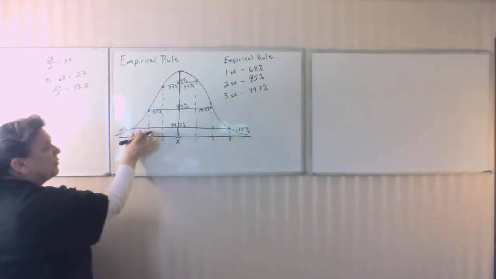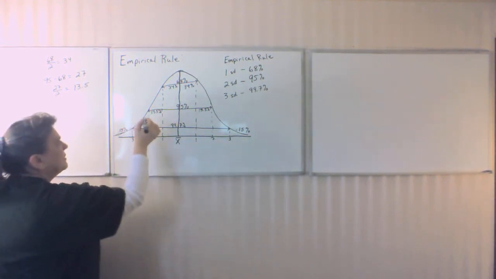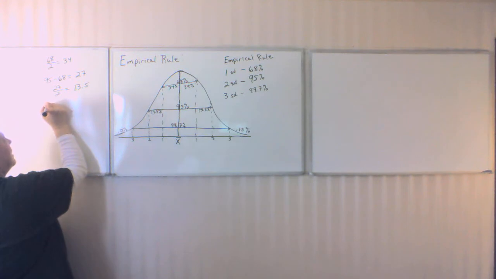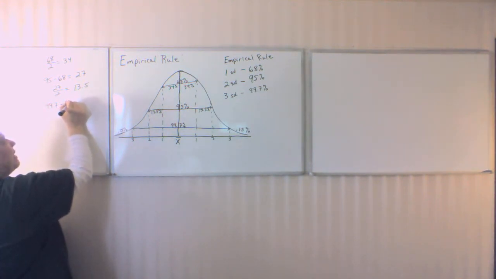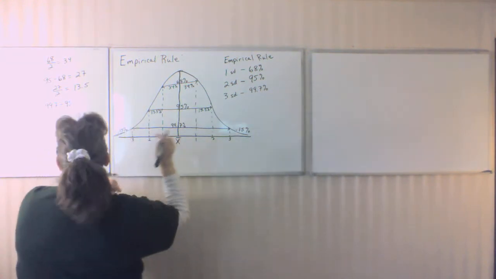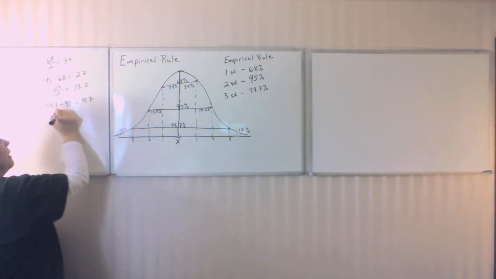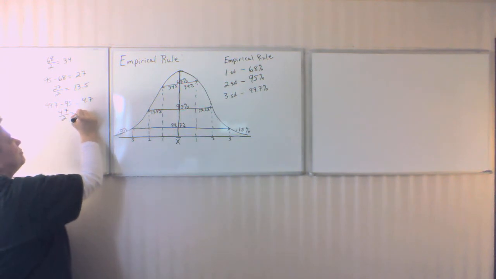Now, we want to know what lies between the second and third on each side. So we're again going to subtract, 99.7 minus 95, because it's this one minus this one, and that's going to equal 4.7, and 4.7 divided by 2 will give you 2.35.